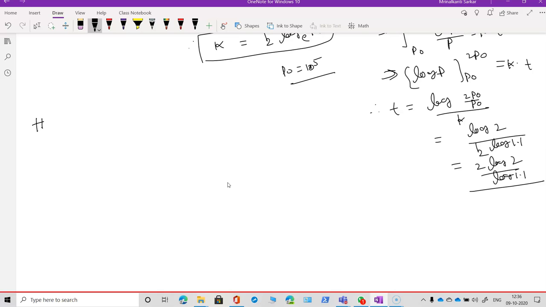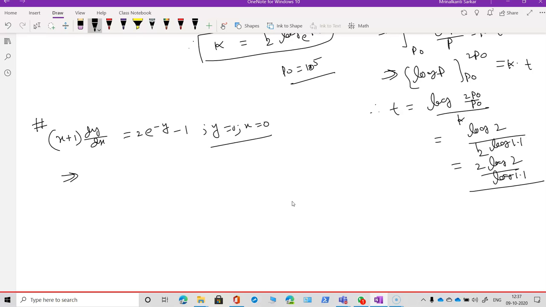One bit difficult sum I am choosing here, from your textbook miscellaneous exercise sum number 14: to solve the equation (x plus 1) dy by dx equals 2 e to the power minus y minus 1. And here also the initial condition is given, y equal to 0 when x equal to 0.